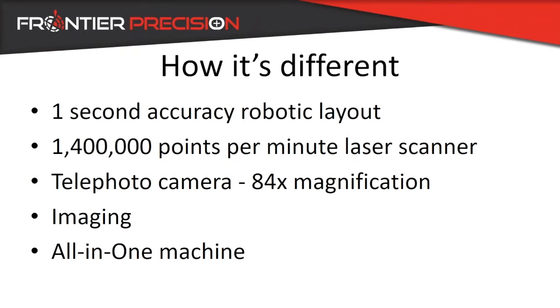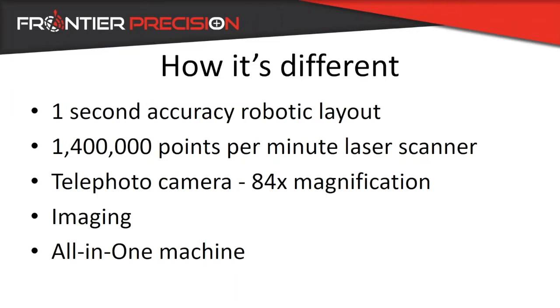Besides your 1-second extremely accurate robotic layout equipment, you also have a 1,400,000 points per minute laser scanner, a telephoto camera that will provide you 84 times magnification. A traditional total station is roughly 30 times magnification when you look through the telescope sight with the crosshairs to an object.